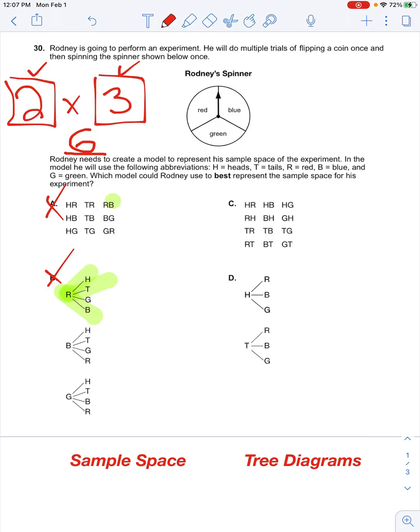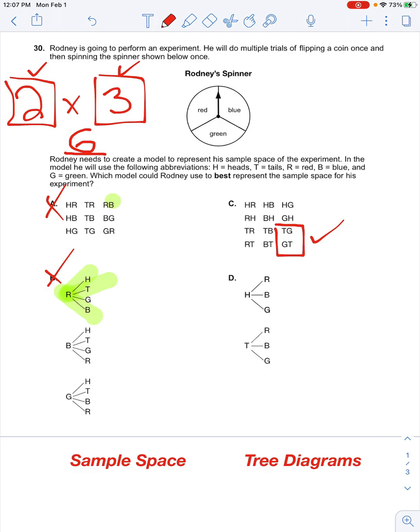Okay? So then we come up to C, and C is another sample space. Now, there are 2 problems again with C. I'm going to focus on this one right here. TG and GT are exactly the same. That's my first problem. When you get the T, the G, that means you flip tails and got green, and below it, GT means you spin green and get tails.